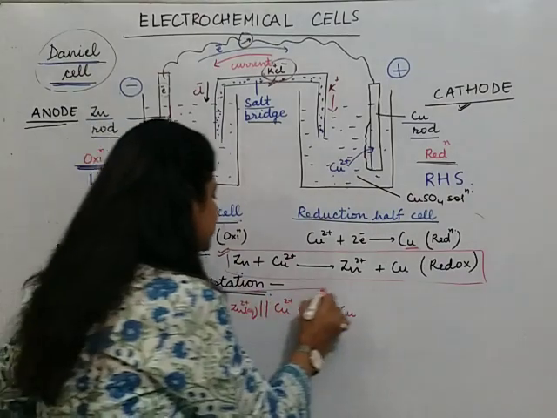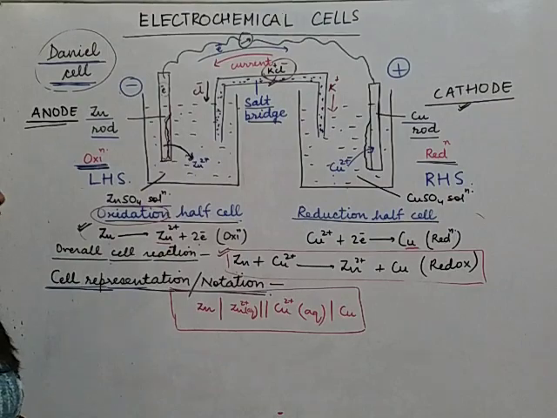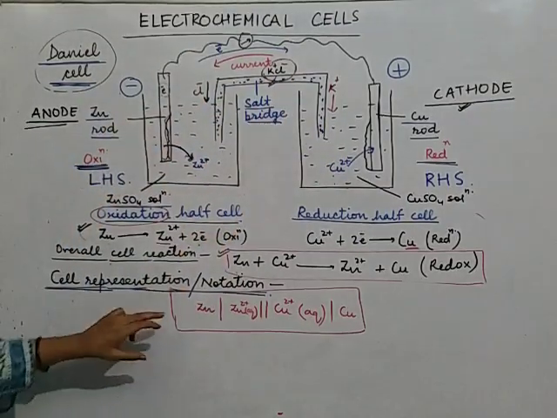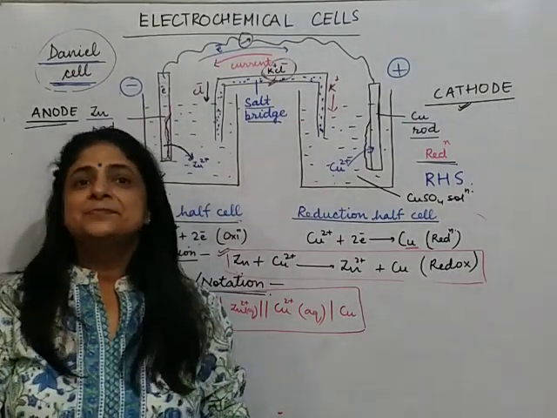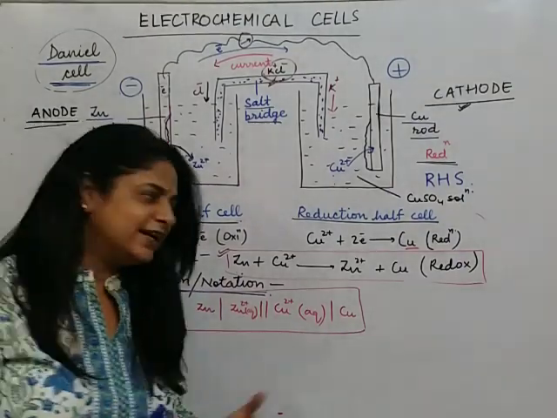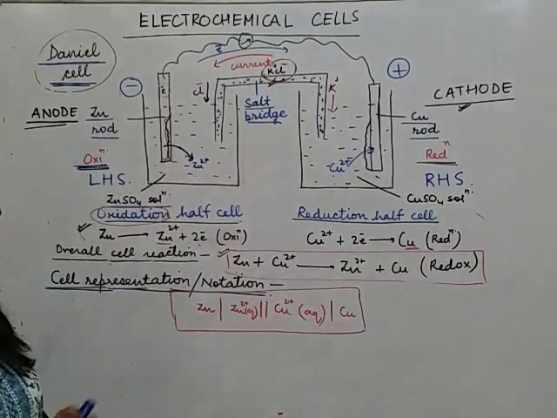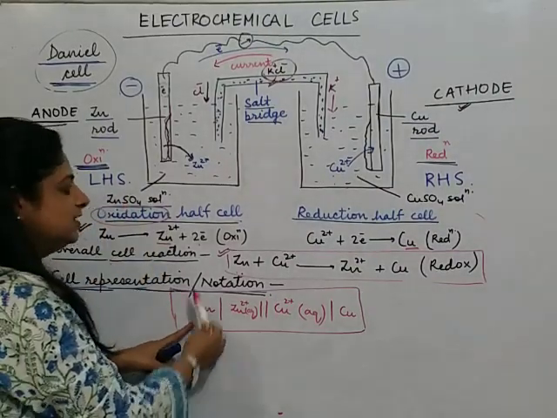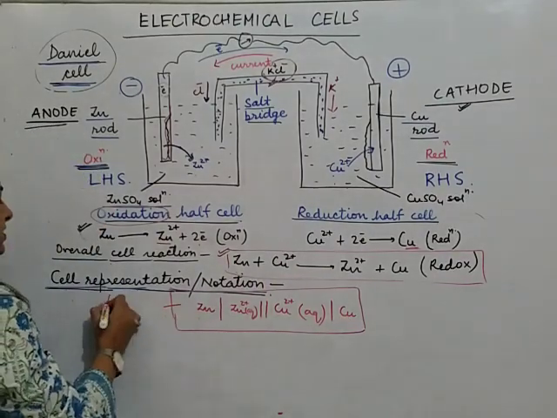This is called the cell representation or cell notation, because we may not require this entire structure for all kinds of calculations. This representation is enough for us to understand what kind of cell it is, how it must be working, what the cell reaction would be for this particular cell, and how the electrons would be moving. As you can say, the electrons are flowing from the zinc rod to the copper rod, because the zinc rod is the anode.